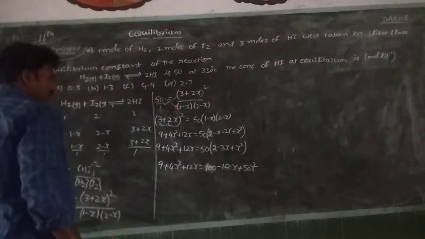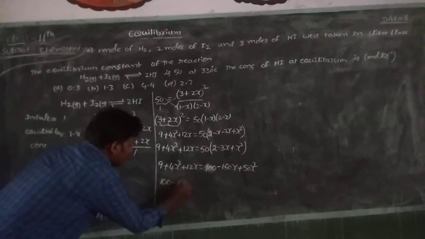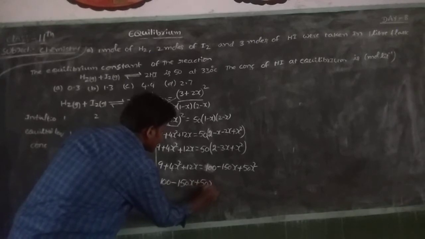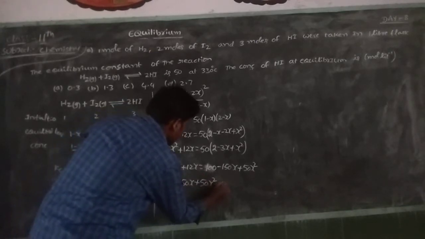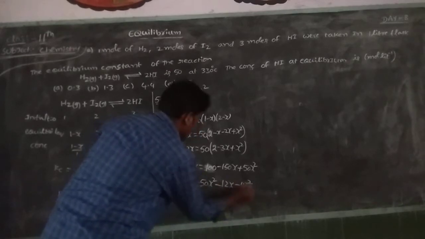Write the formula: 100 minus 150x plus 50x square minus 12x minus 4x square minus 9.